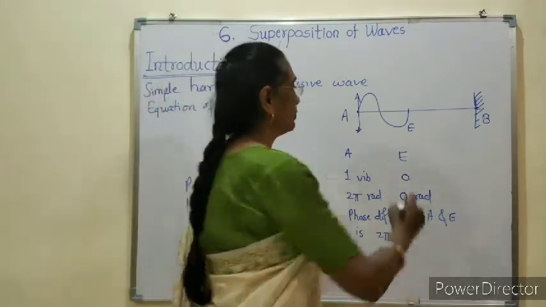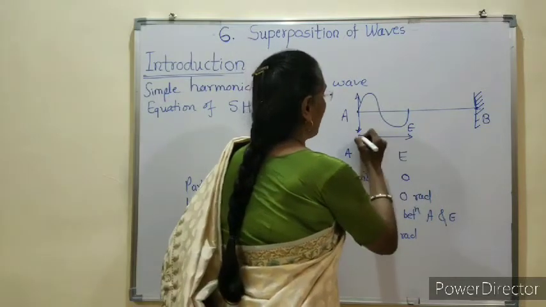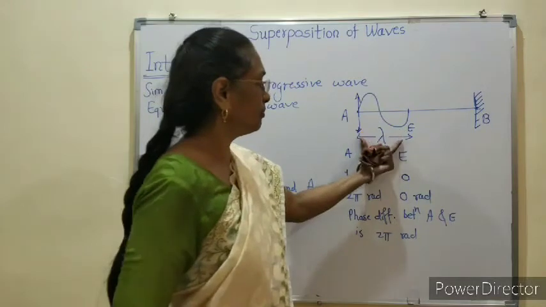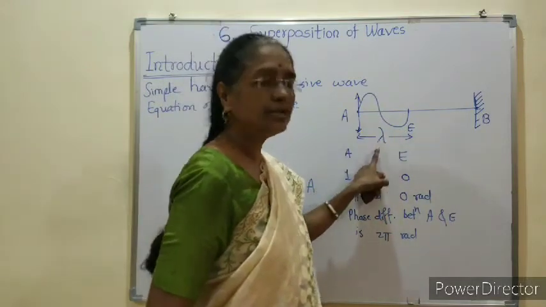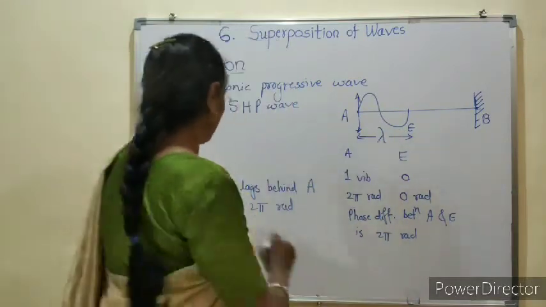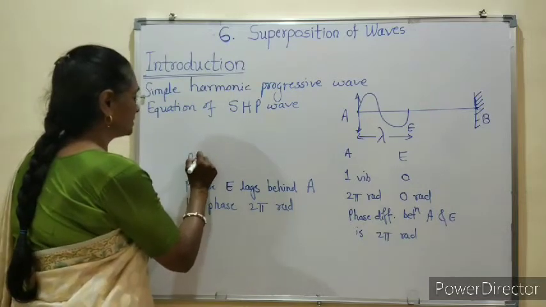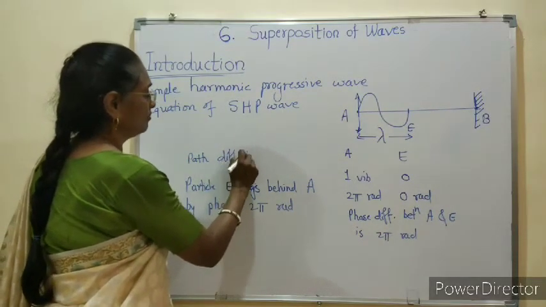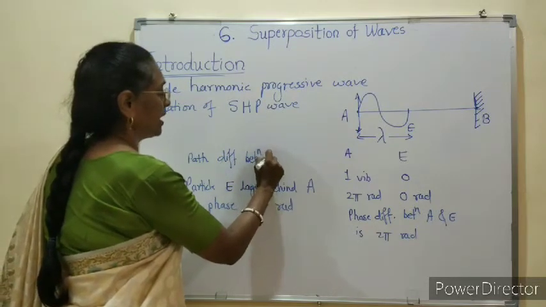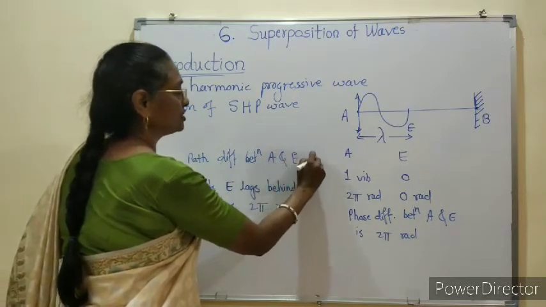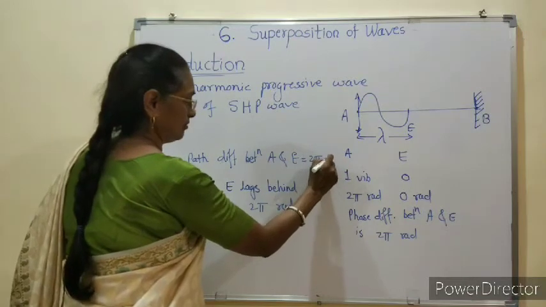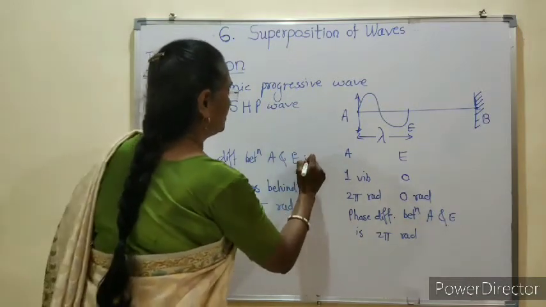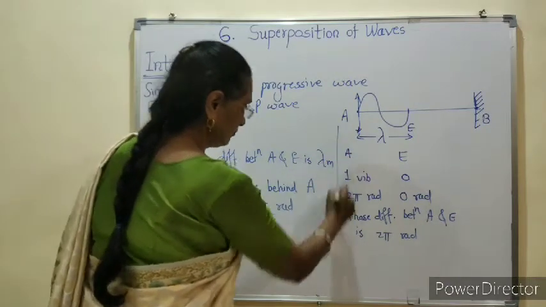Also we have to note one point: between A and E, one wave is formed, therefore the path difference between A and E is lambda meter.